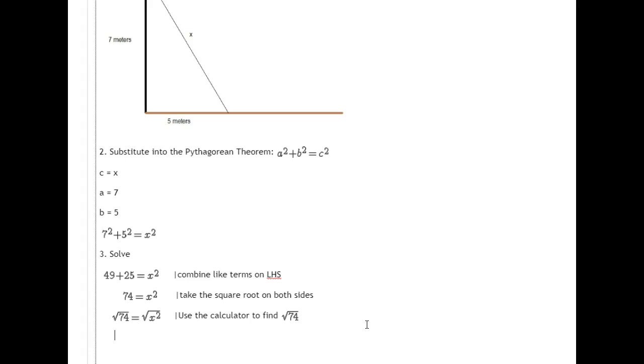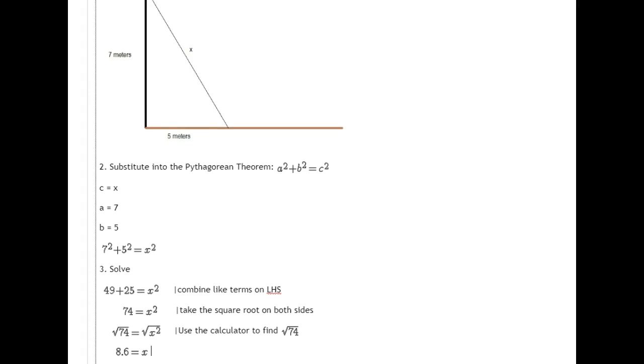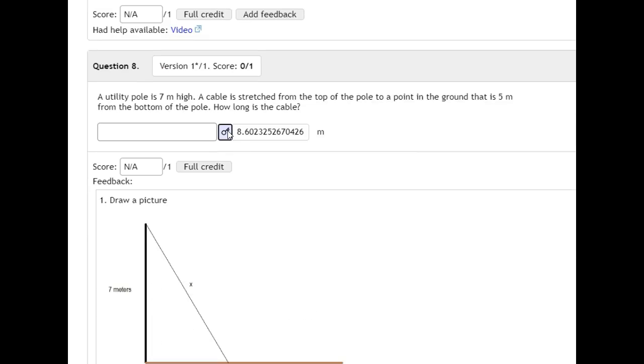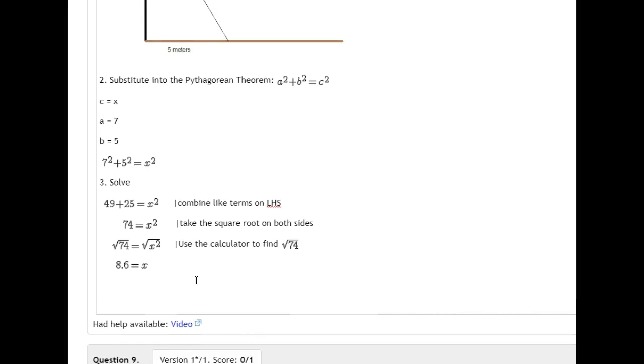So 8.6 equals x. So that would be the length of the cable, 8.6 meters. So you could write that out, and we can check it here. 8.6 is the approximate length of the cable. So you could say the length of the cable is 8.6 meters.